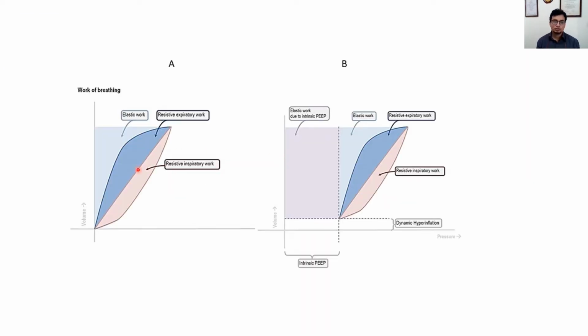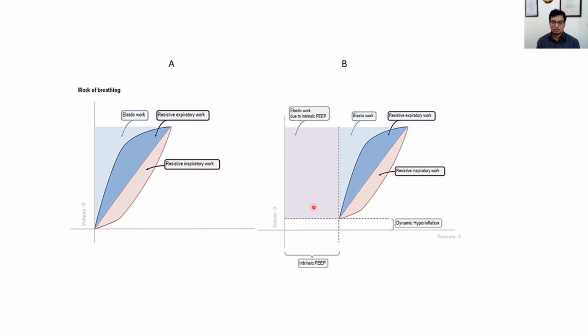So this is a very good PV loop. This is expiratory work of breathing. In A part of this curve, the PV loop, it is normal. And what happens due to intrinsic PEEP, this whole curve shifts on the x-axis, right, due to which the work of breathing increases.